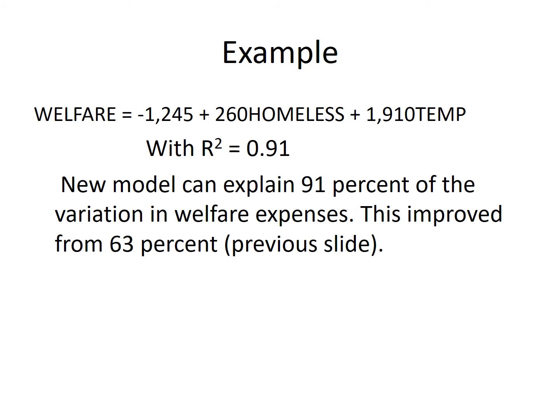So this is much more improved from the 63% that we saw before by just adding one variable. And also, as you know, the capital R squared increased significantly, a larger number, by just adding one variable of temperature.